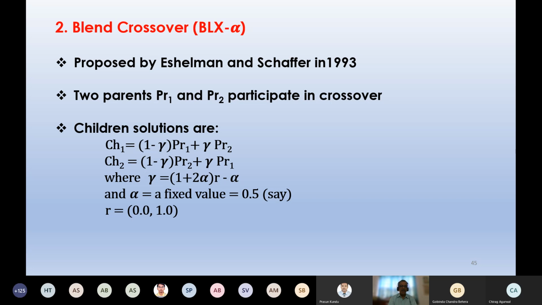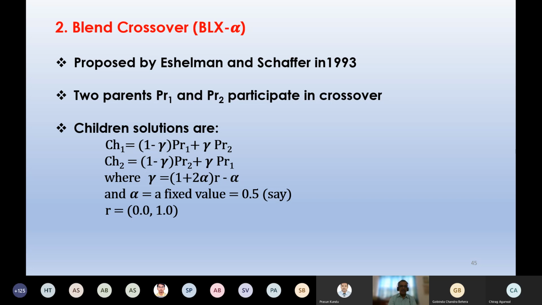I'll have to find out what this gamma is, which I'm going to define soon. If I know gamma, parent 1 and parent 2, very easily you can find child 1. Similarly, child 2 can be determined as 1 minus gamma multiplied by PR2 plus gamma multiplied by PR1.